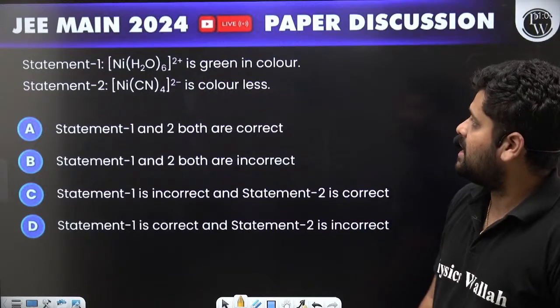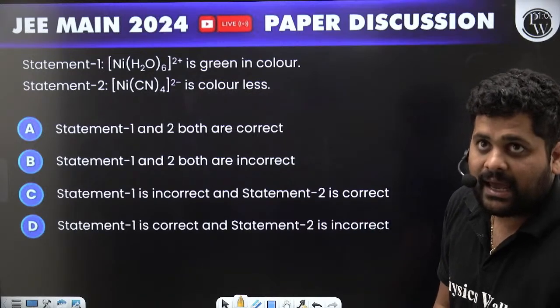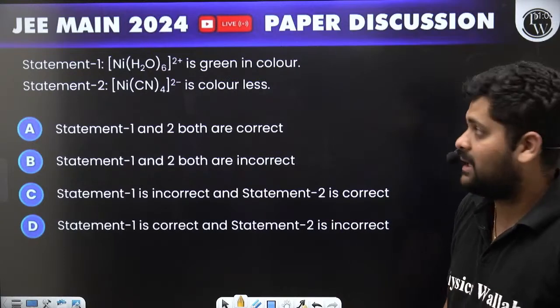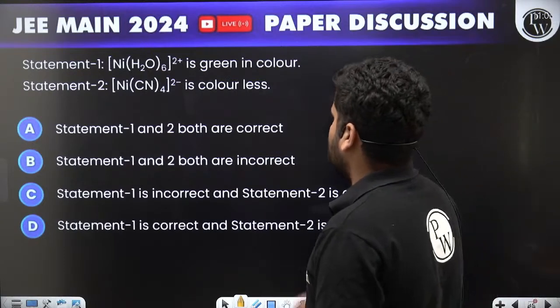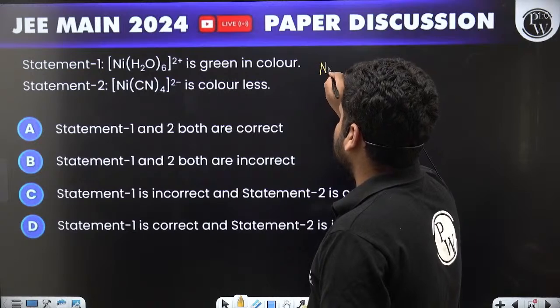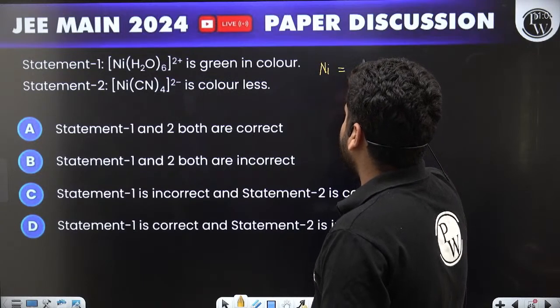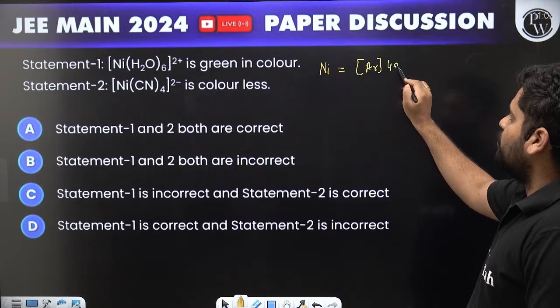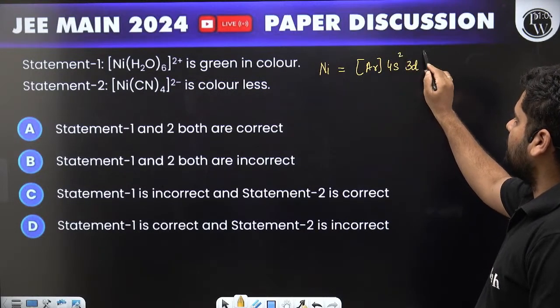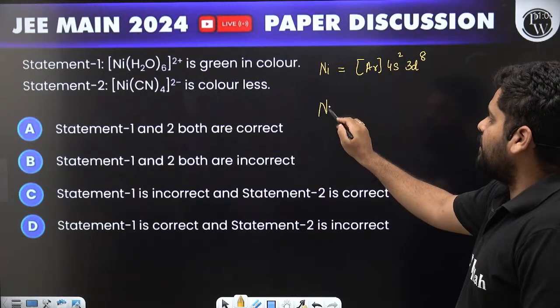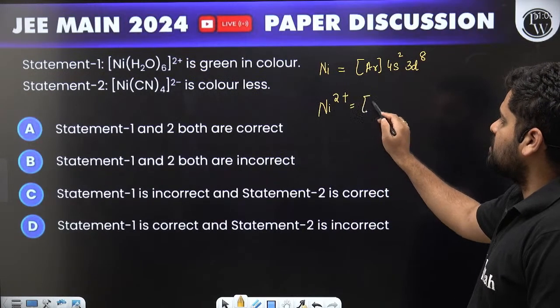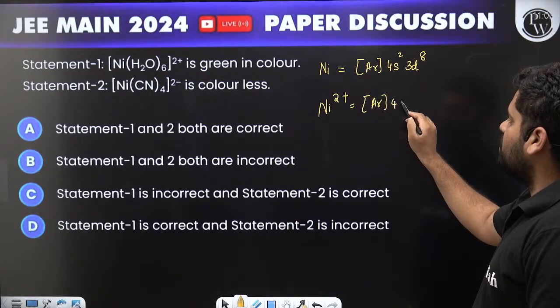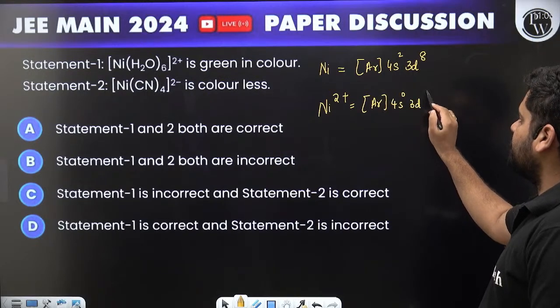Now next one. Ni(H2O)6 2+ is green in color. Let us see whether this is true or not. See, in Ni(H2O)6 2+, the oxidation state of nickel is +2. Now the electronic configuration of nickel is argon 4s2 3d8. In the case of Ni2+, the configuration is going to be argon 4s0 3d8, isn't it?